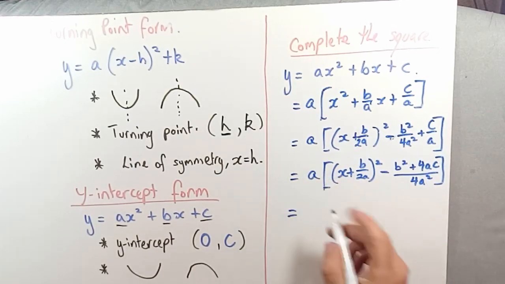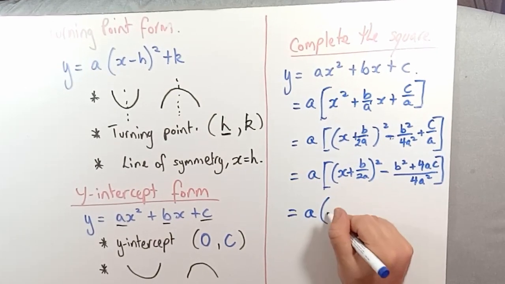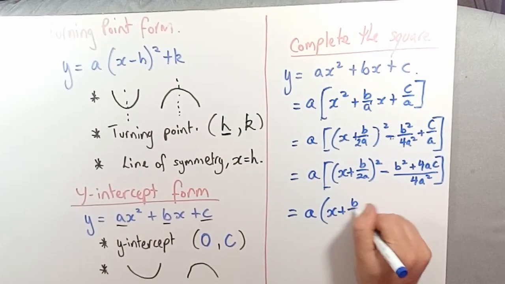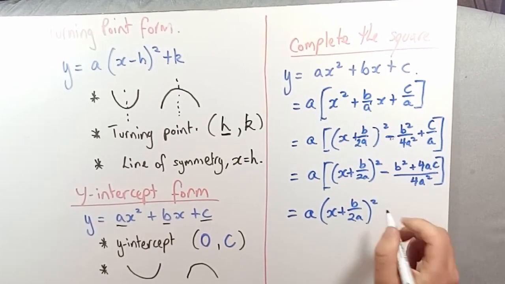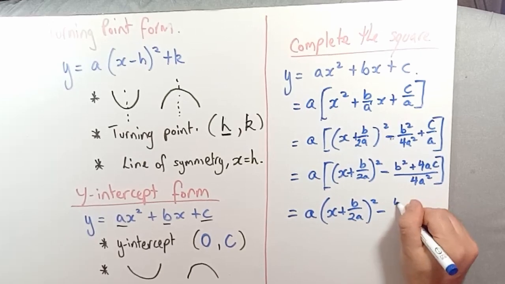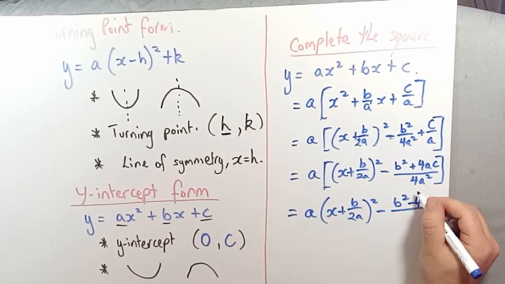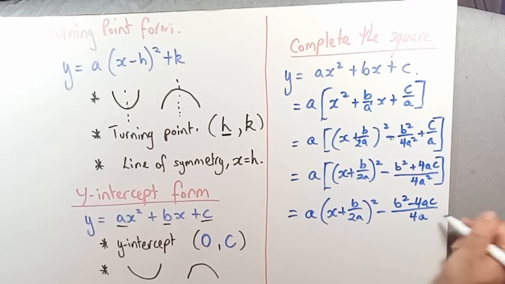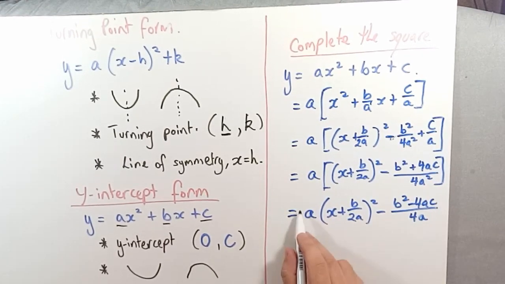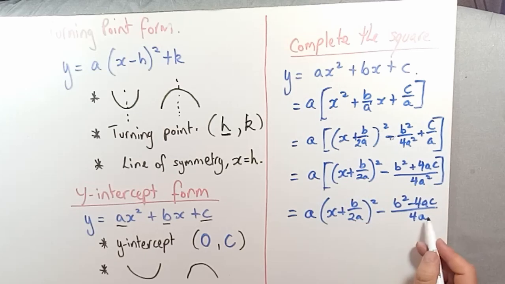So I expand this a back out, so I get a times x plus b over 2a squared minus b squared minus 4ac over 4a. Not a squared anymore because I multiplied both terms by a, so one of the a's disappeared, and I end up with the turning point form.